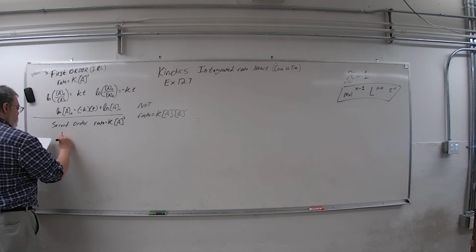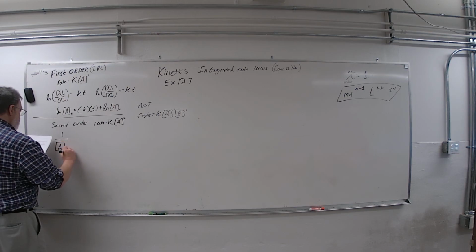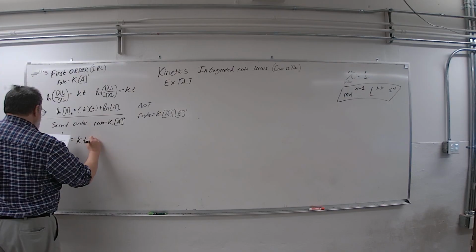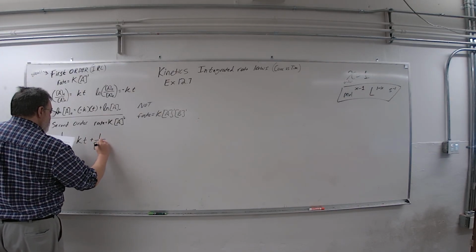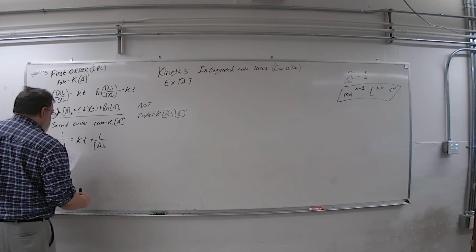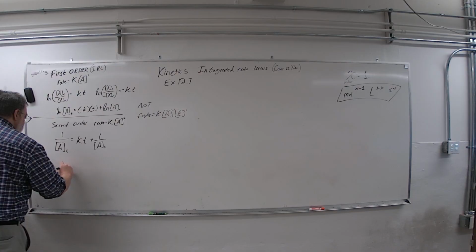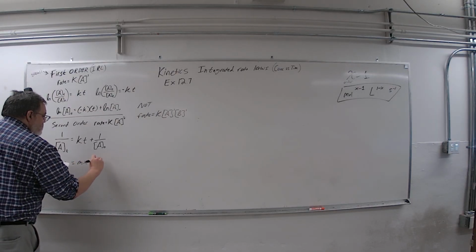Believe it or not, these look a little more simple, even though it's second order. Again, I'm going to give you all these equations just to be able to use them. So there's that, and this is in the form y equals mx plus b.